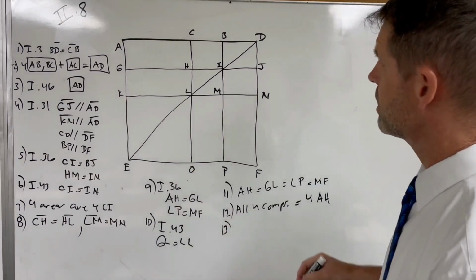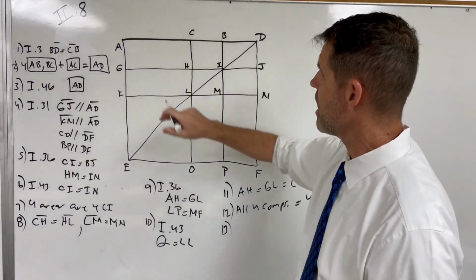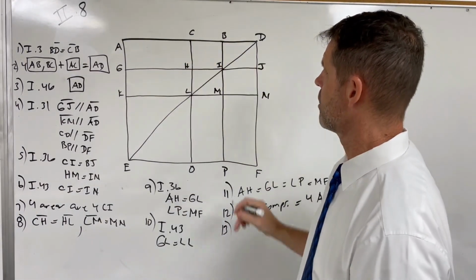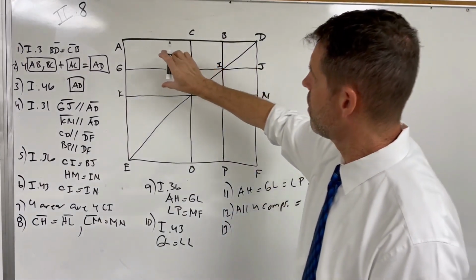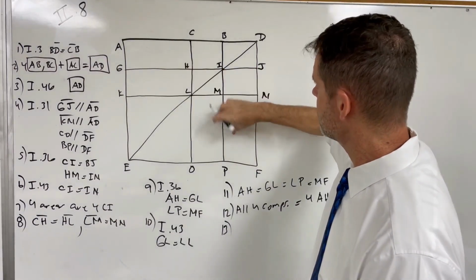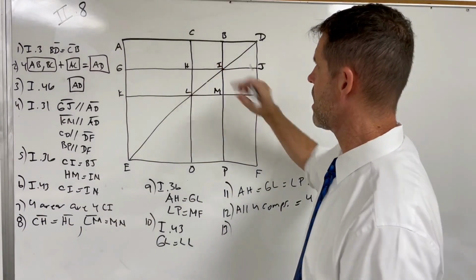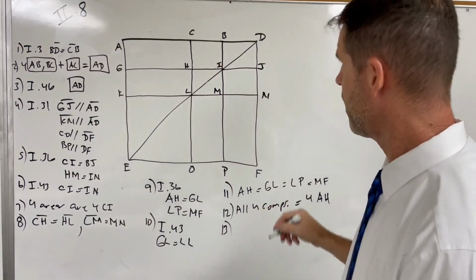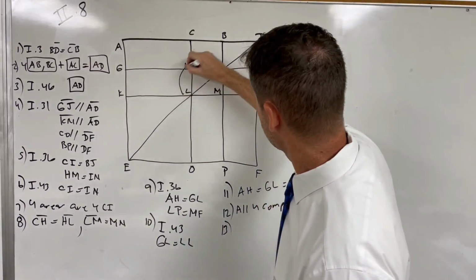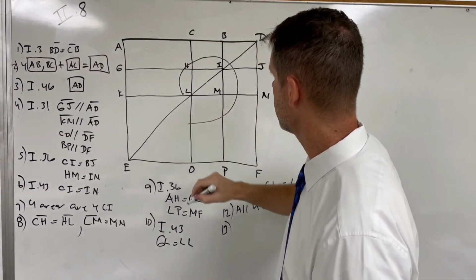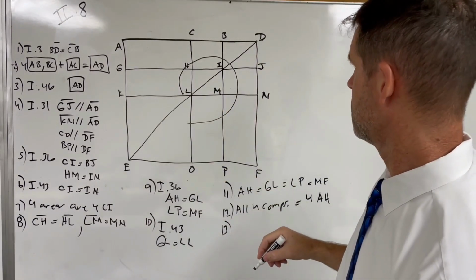So that means if we just added CI to AH, and we get this long rectangle AI, all of the complements together plus the 4 areas would be 4 times AI. But that whole area, we'll call that, what do we got here?